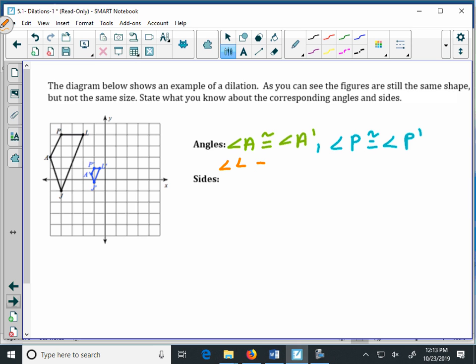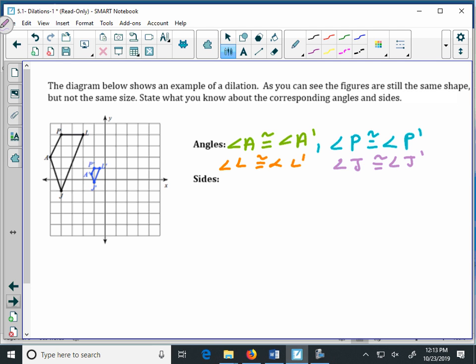Angle L is still going to be congruent to L prime, and J is still going to be congruent to J prime. The angles do not change when you do a dilation. The angle measurements are still the same. That doesn't change. What changes is the length of the sides.